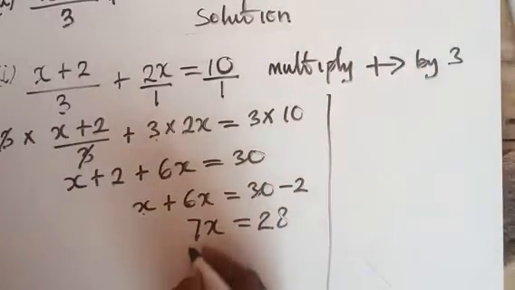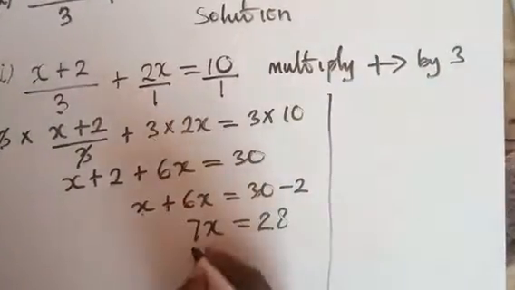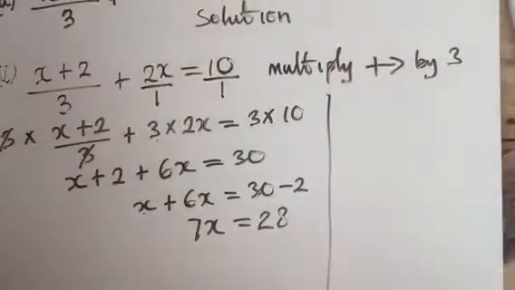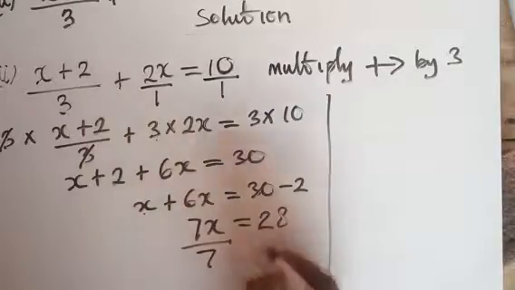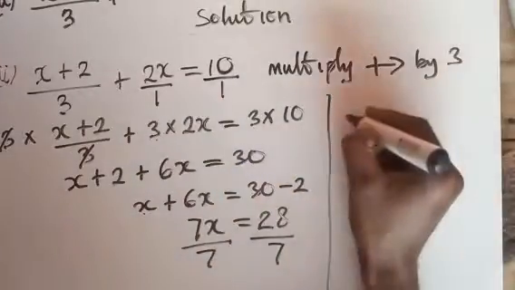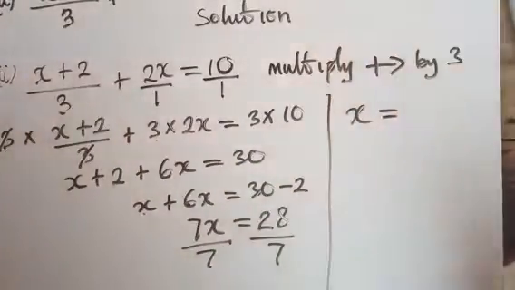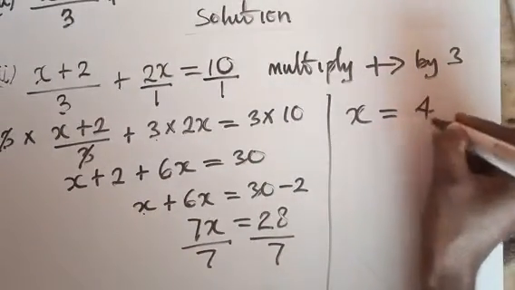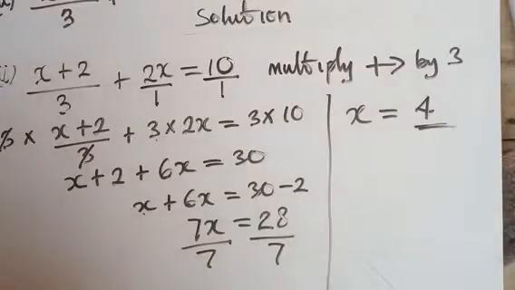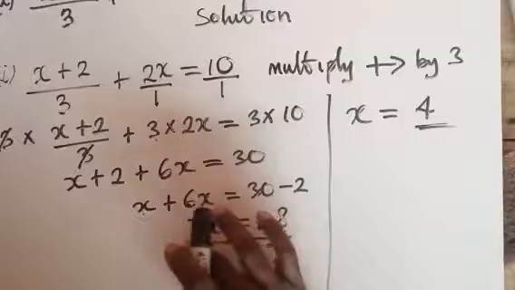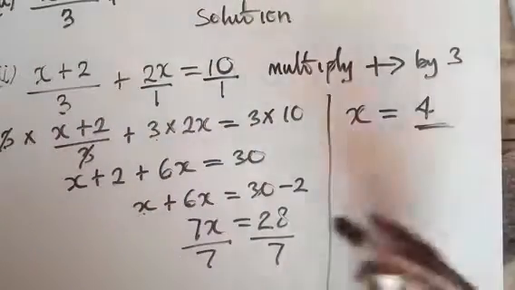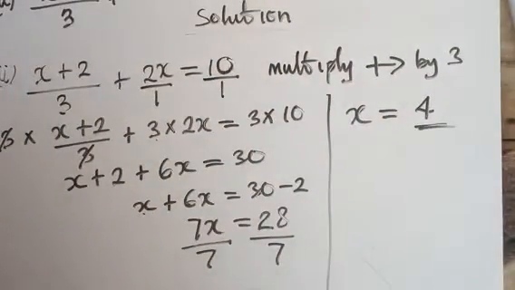So I divide here by 7 and divide here by 7. So what do I get? x times what number will give me 28? Okay, 7 times 4. When x is 4, 7 times 4 equals 28. So I just get my x to be equal to 4.